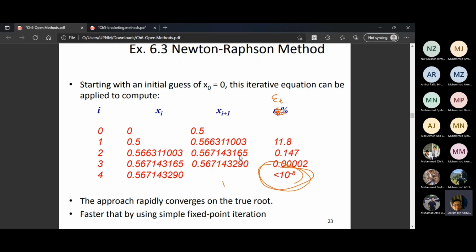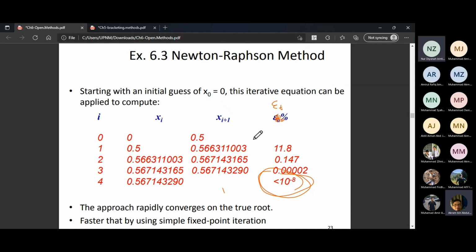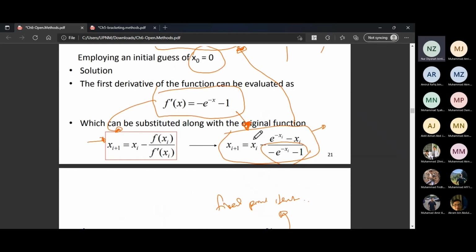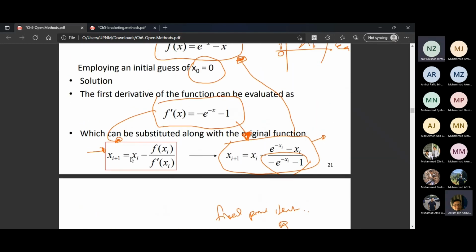Sir, kalau dalam exam kan, macam formula-formula tu dia bagi ke? Formula yang mana? Macam formula untuk cari xi tu? Yang ni? Selalunya dia berilah.